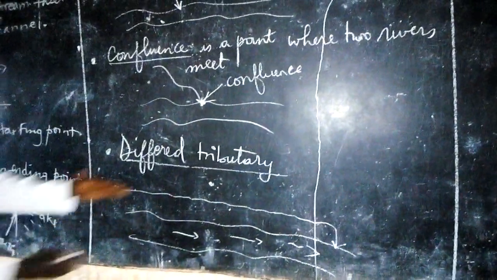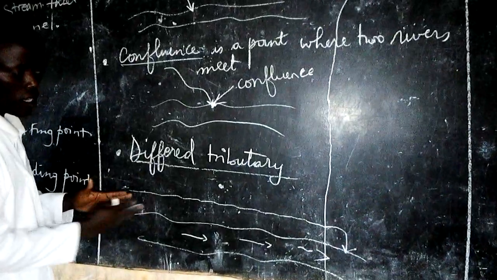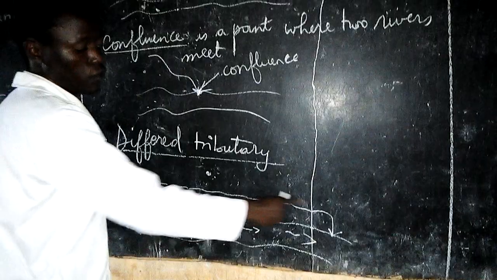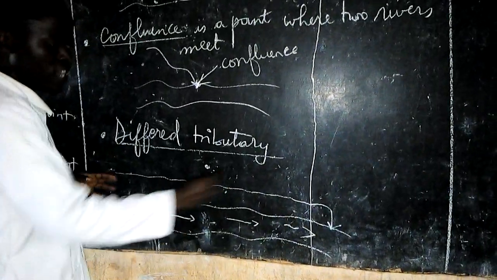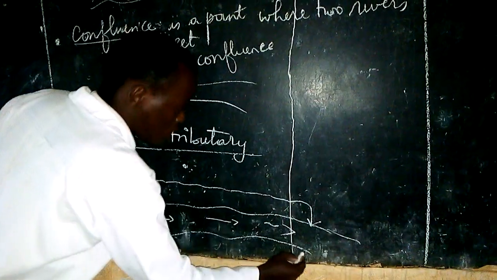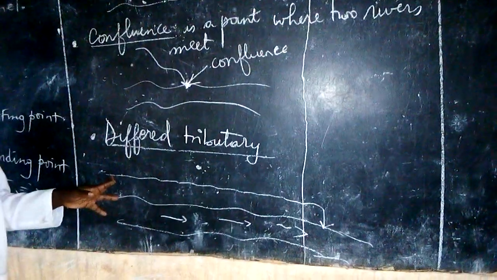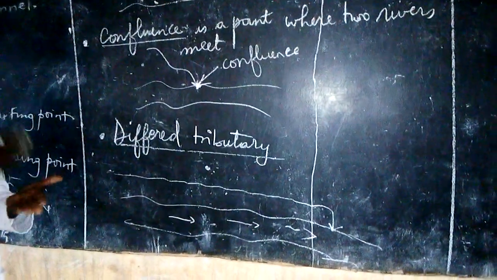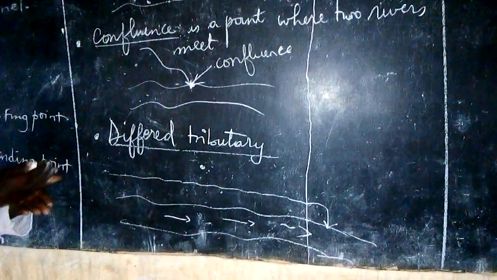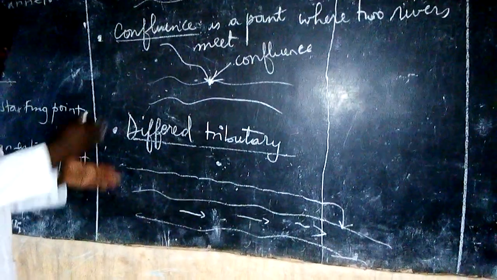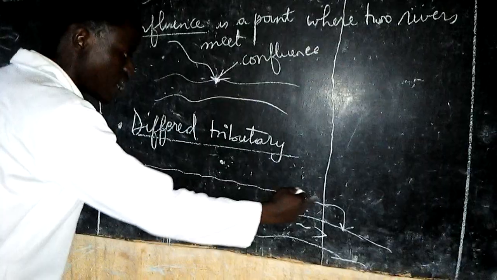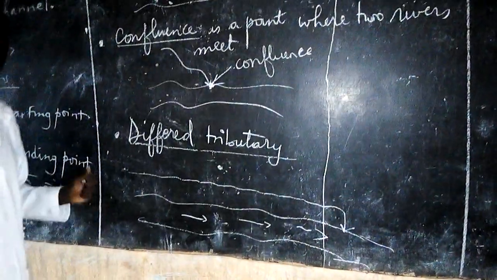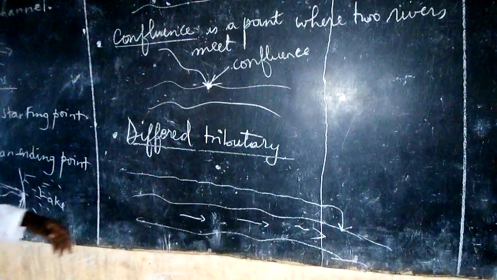This term is referred to as a deferred tributary. A deferred tributary is where the small river joins the big river after flowing alongside for a long distance, and finally joins the big river.